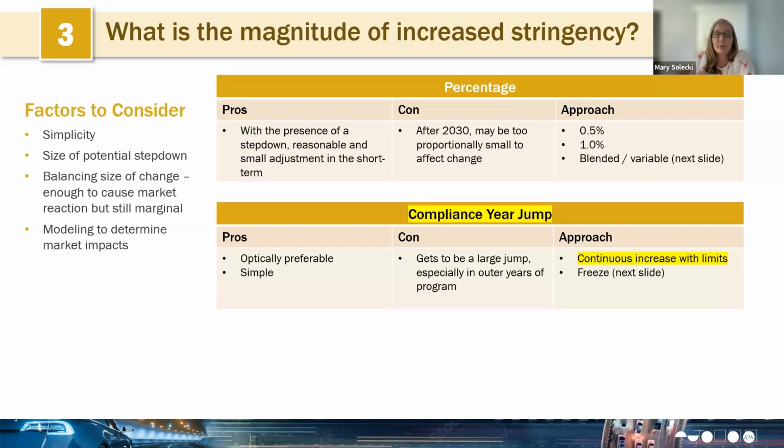And then as for approaches within the compliance year schedule jump, there's a couple of different approaches, and that's the continuous increase versus the freeze. A continuous increase is where you jump forward a year, and then every year after that also just advances by 1 year. As Jeff described it earlier, that's a permanent adjustment.